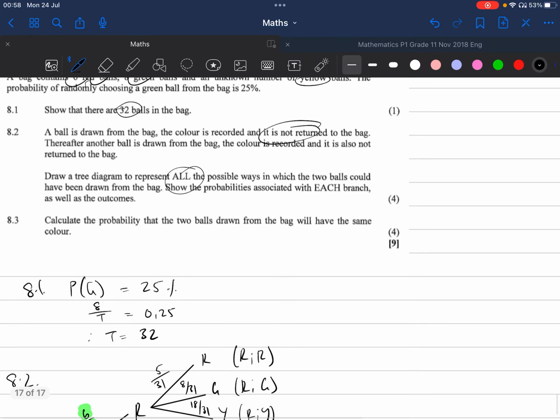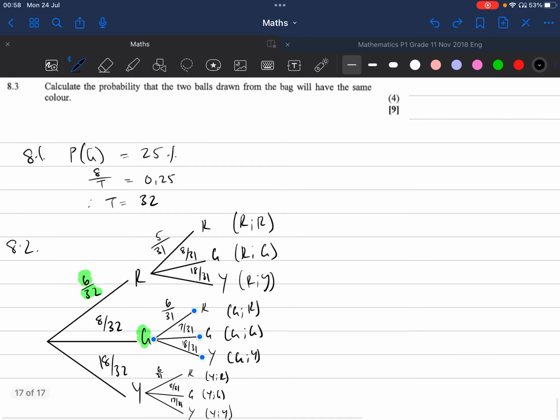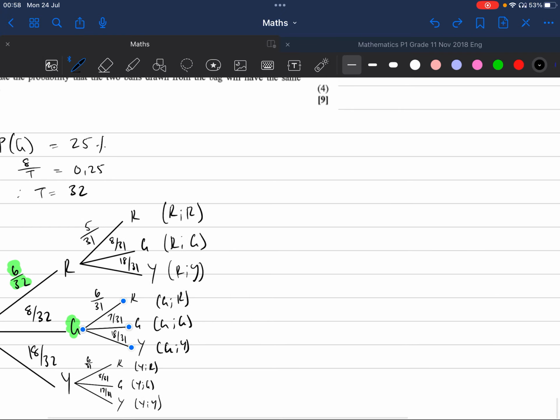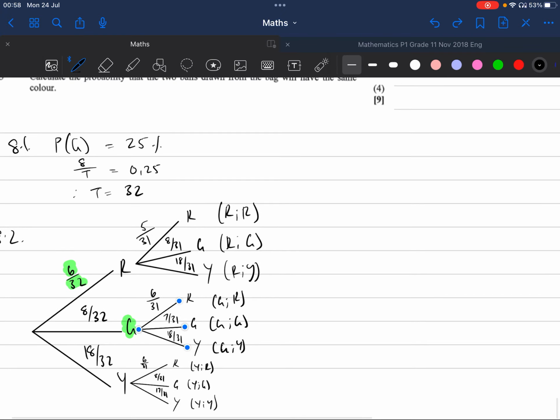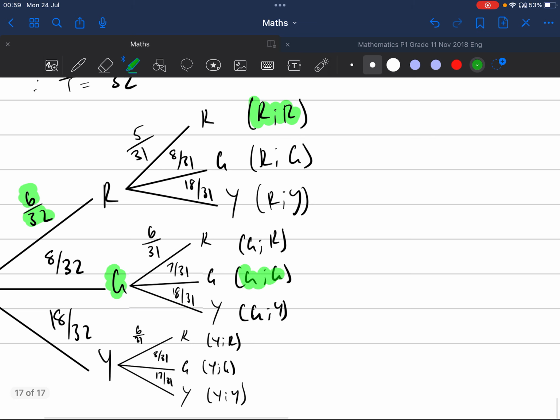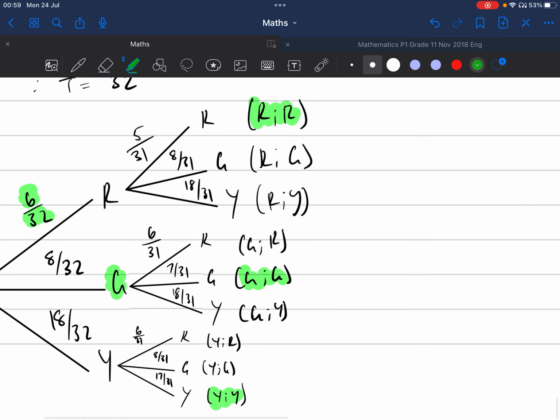Okay. 8.3. Calculate the probability that the two balls drawn from the bag will have the same color. Okay. So the probability of that happening, let's see, right? The probability of me getting red and red, or green and green, or yellow and yellow, right?